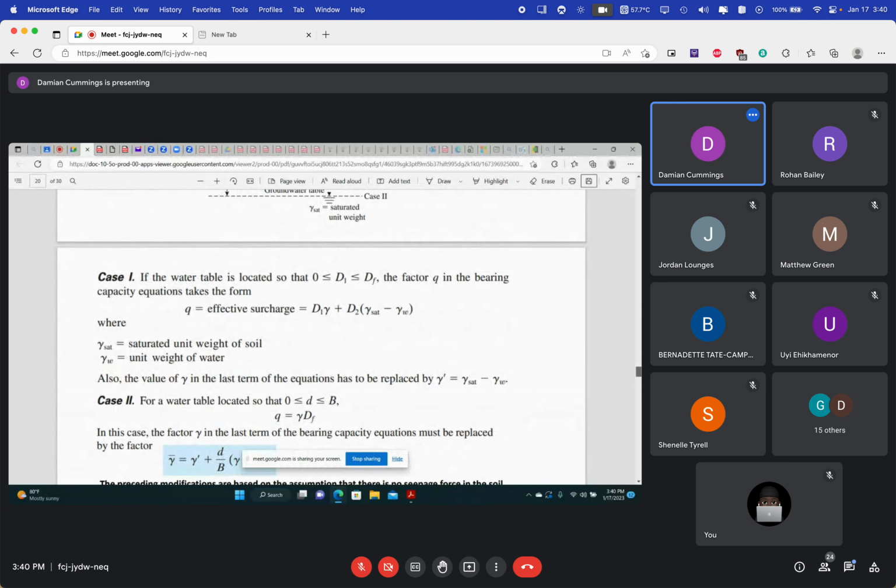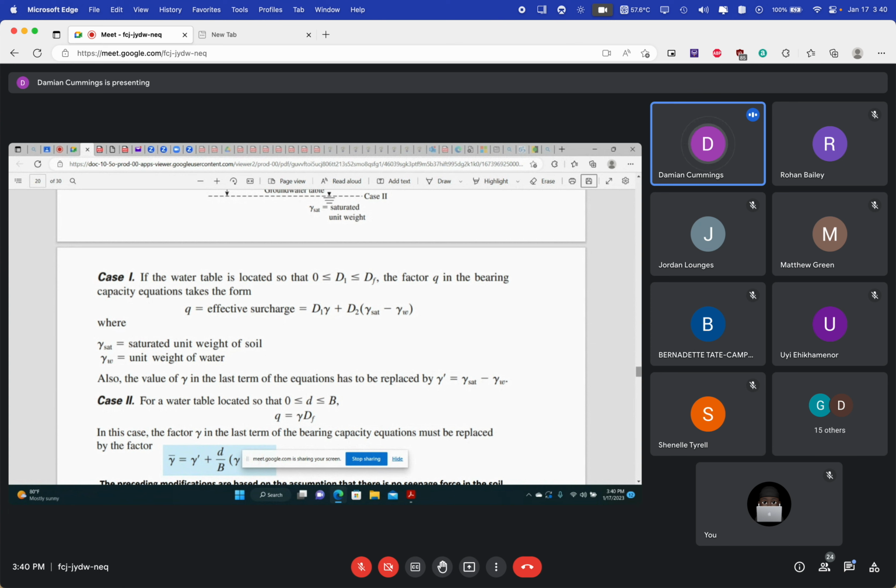So if the water table is located so that D1 is greater than or equal to 0, but less than or equal to DF, that's where the water table is above the foundation, right?